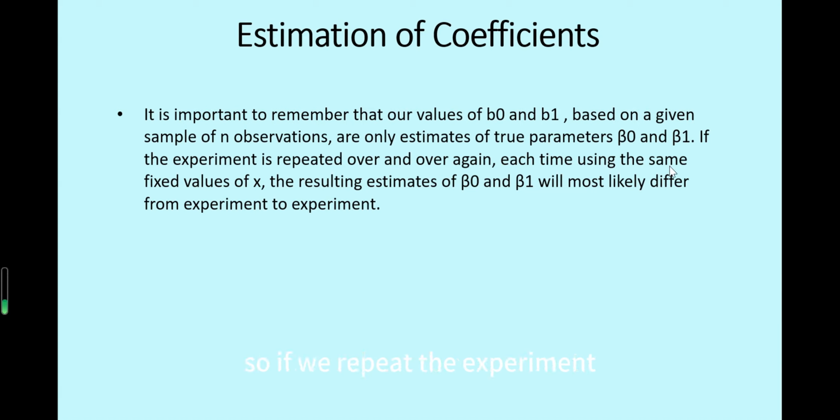If we repeat the experiment again, we may not get the same values of b0 and b1. So b0 and b1, the estimates of the coefficients, or say the estimators, are both random values.